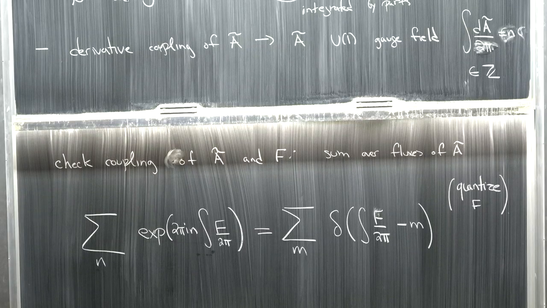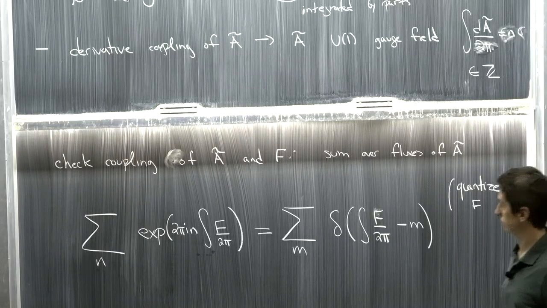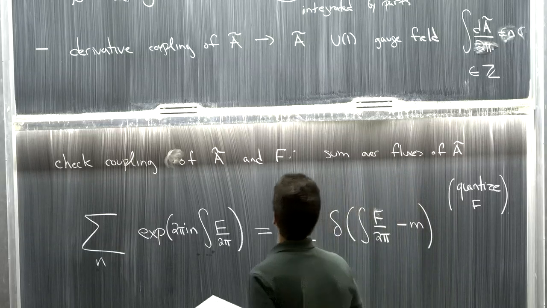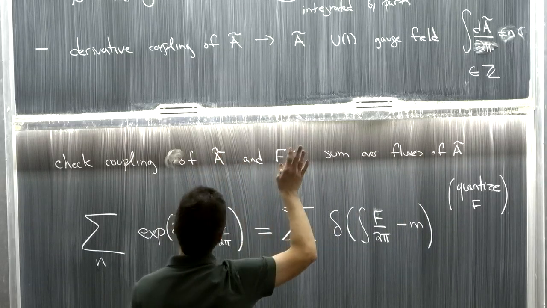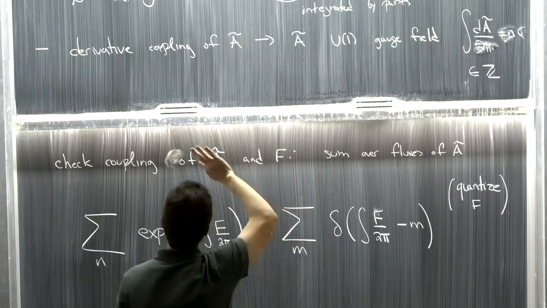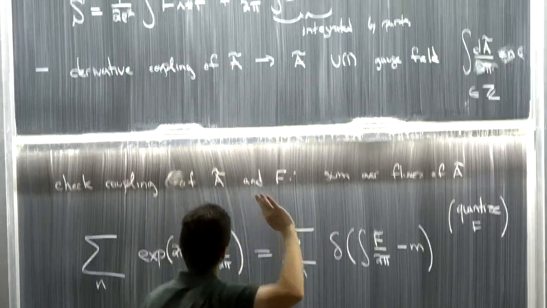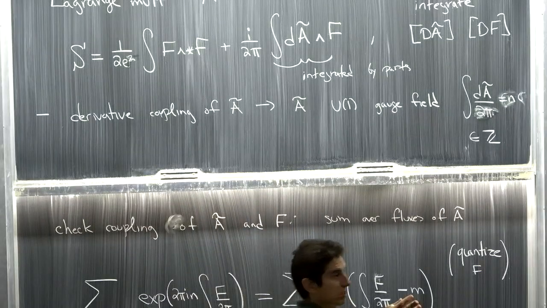Sorry to go back. One quick question. You're integrating a total derivative of A tilde here, and upstairs you dropped the total derivative and integrated by parts. Yes, right now the question is about what about the total derivative. I'm imagining that my space-time is either compact, like a big 4 sphere, or S2 times S2, or whatever you have, or I've put some boundary conditions at infinity.